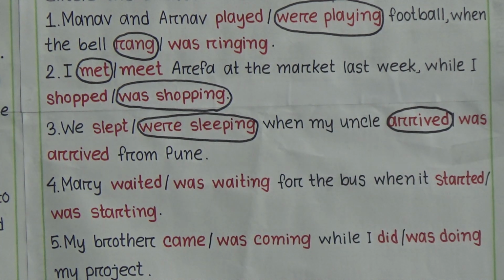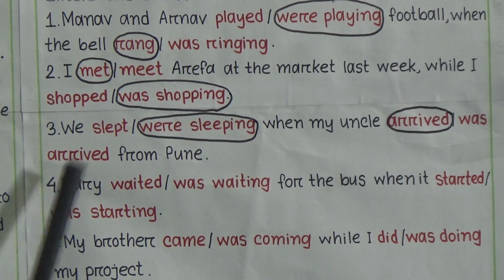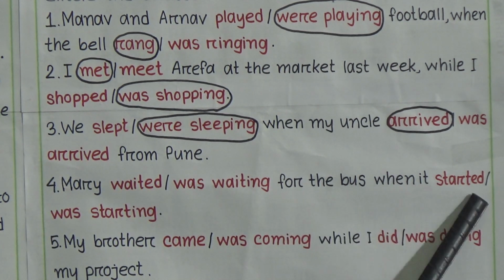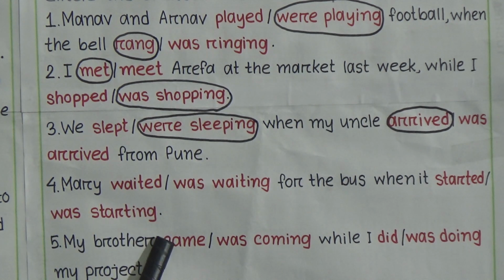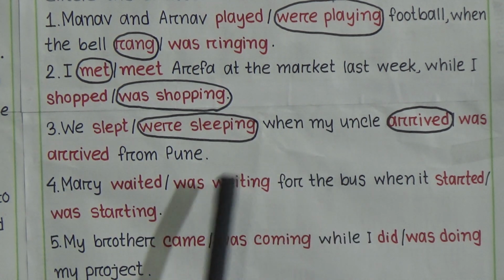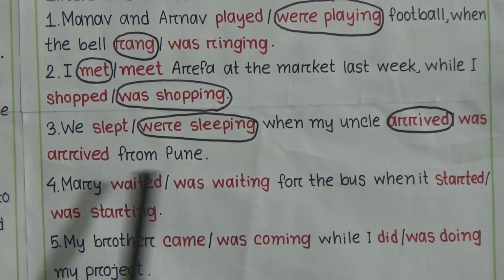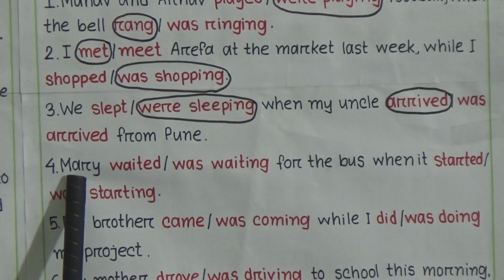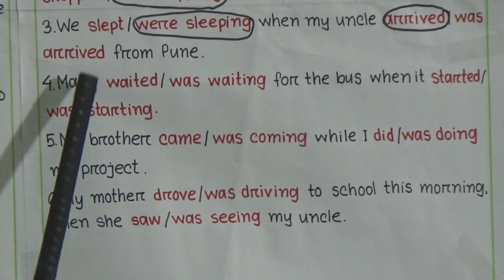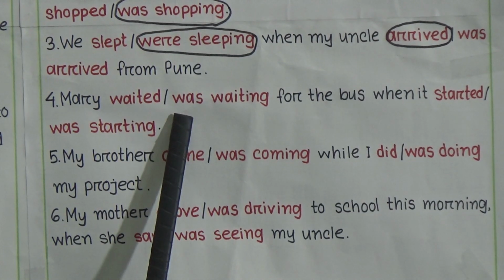Okay, now number 4. Mary waited or was waiting for the bus when it started or was starting. Can you guess what will be the correct answer, students? Mary, this is the name of a girl and this is also singular. When we find a singular subject, we have to use a singular verb.